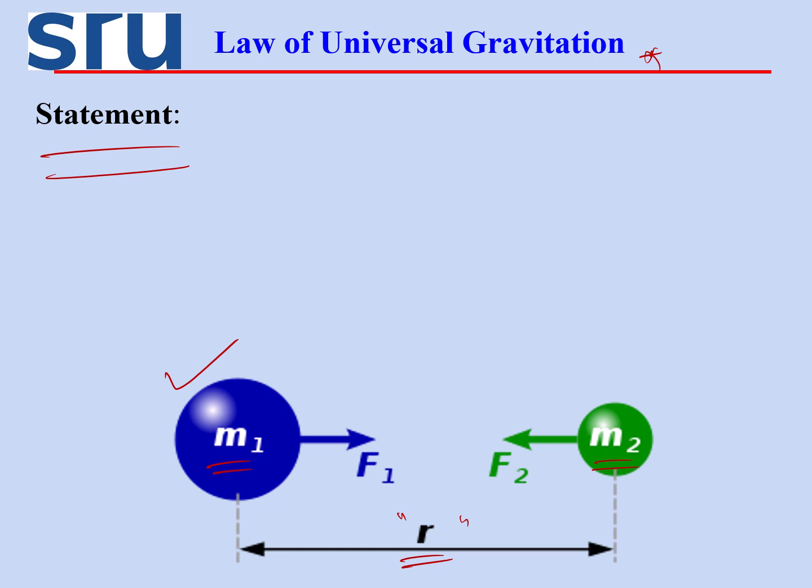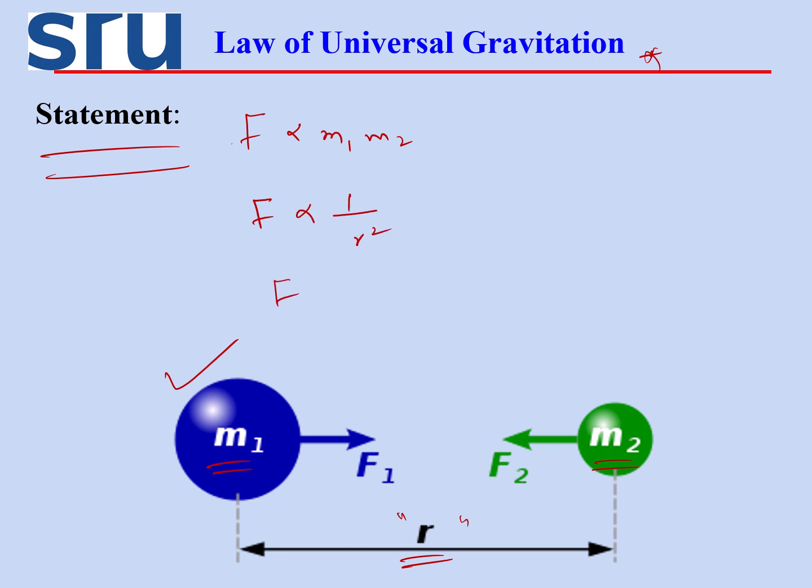Now the gravitational force between the two objects is proportional to the product of the masses. That is, the force between the two massive bodies is proportional to the product of the two masses m1 and m2 and inversely proportional to the square of the distance between them.